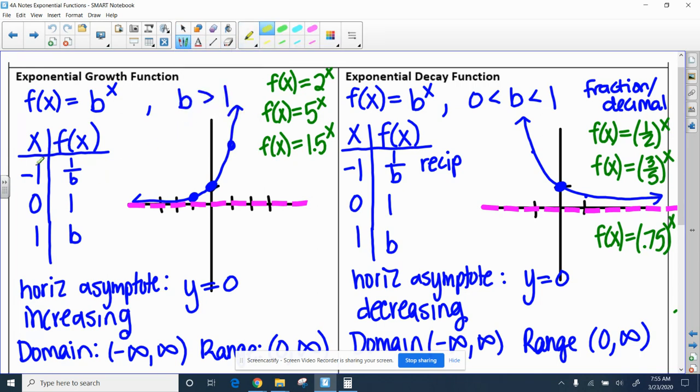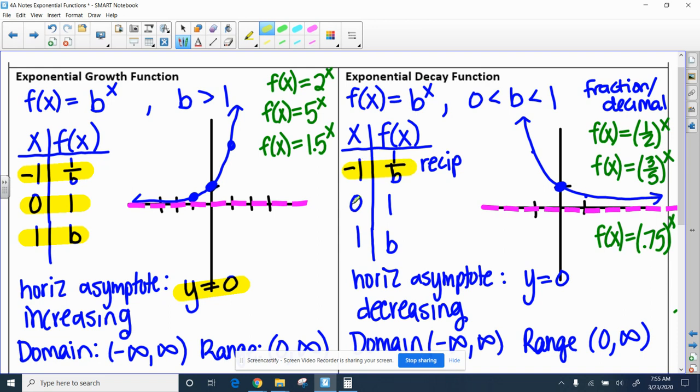So a couple of things to notice. When we do transformations, we need to use coordinate points. So we have at least these 3 points to use to help us draw our graph. And we have the horizontal asymptote, which is y equals 0. So we're going to need to use those to be able to do our transformations and find our new points. Notice it doesn't matter whether it's growth or decay.